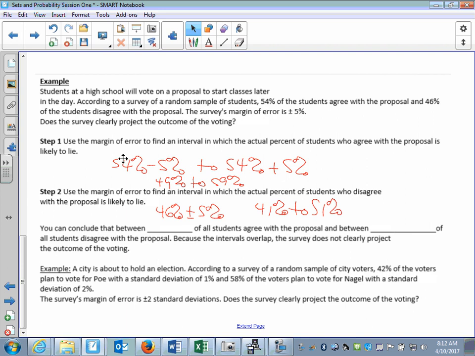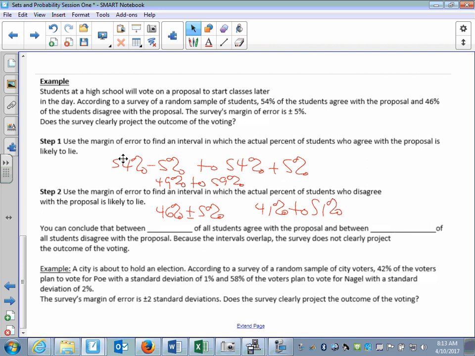You can conclude that between blank of all students agree with the proposal and between blank of all students disagree with the proposal. Because the intervals overlap, the survey does not clearly project the outcome of the voting. Well, they don't really overlap.